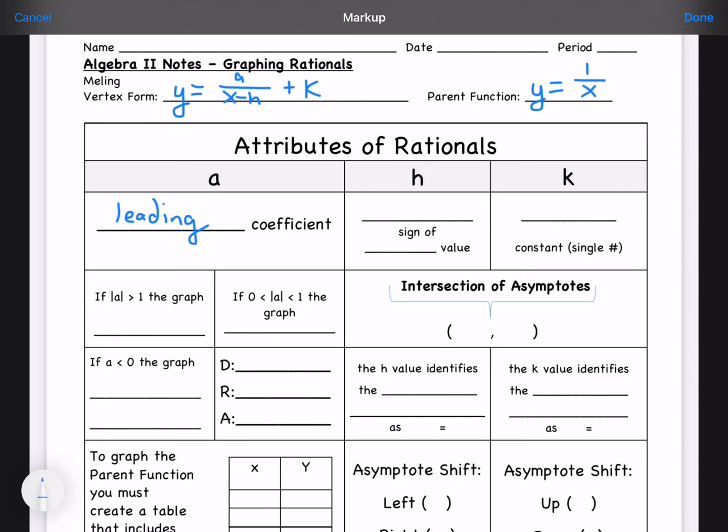Anybody remember what the h is? I think the last time we graphed was November, so it's probably been a while. It's the opposite sign of the inside value. In this case, it's what's in the denominator. And then k is our ending constant, just a single number.